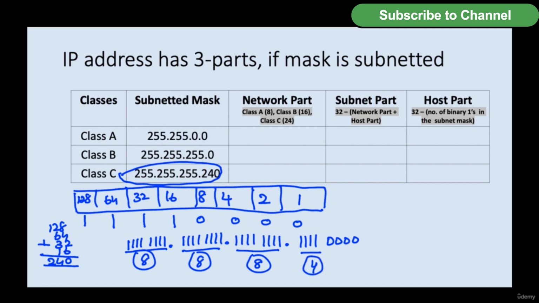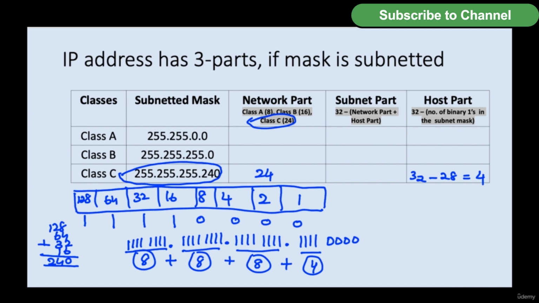So altogether they are 8 plus 8 plus 8 plus 4. They are total 28. So 32 minus 28 gave me the value 4. And the network part, because it's a class C IP address, is 24 bits long.